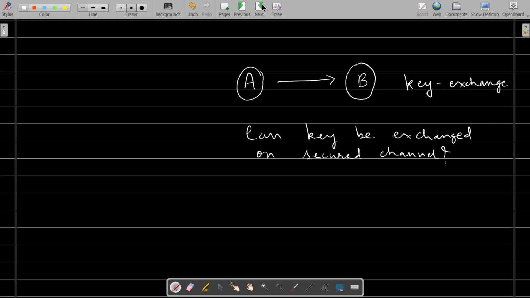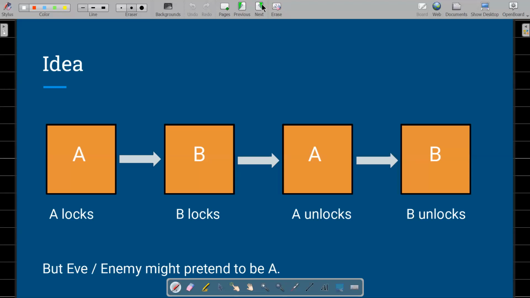So one idea is this, and this is in principle. I'm telling you essentially what should be done in terms of cryptography, but I'm giving you a practical example. Suppose A sends a message to B, and whatever key they are going to use for next month or next week.